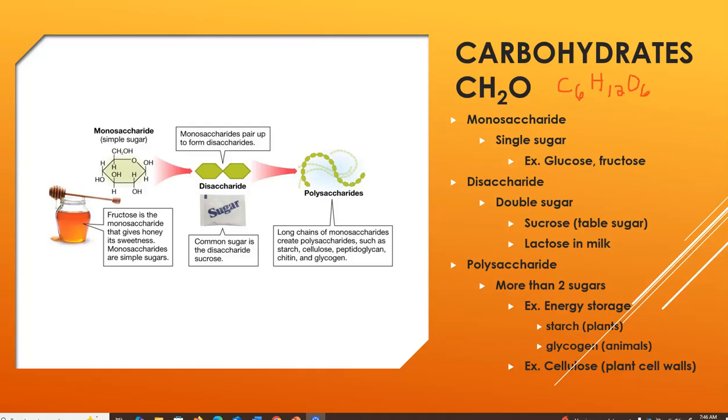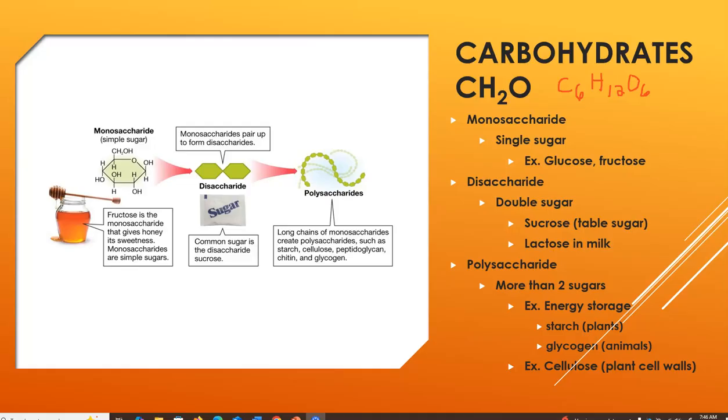All right, so twice the amount of hydrogen as carbon and oxygen. There are 12 atoms of hydrogen, 6 of carbon and 6 of oxygen. So once again, having twice the amount of hydrogen as the carbon and the oxygen.